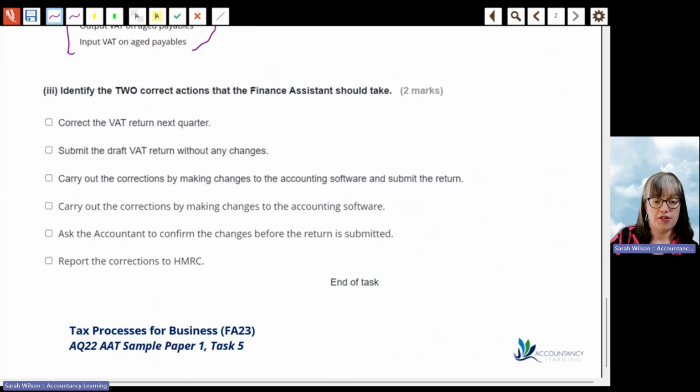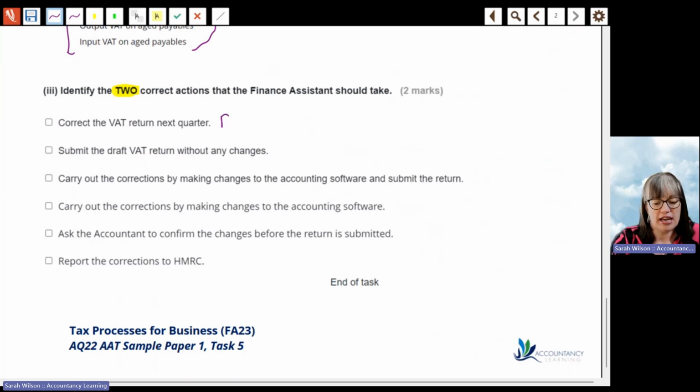Then the final part of this task is to identify the two correct actions that the finance assistant should take. And we're given quite a few options here. So we're going to be looking for two actions. So the first one, correct the VAT return next quarter.